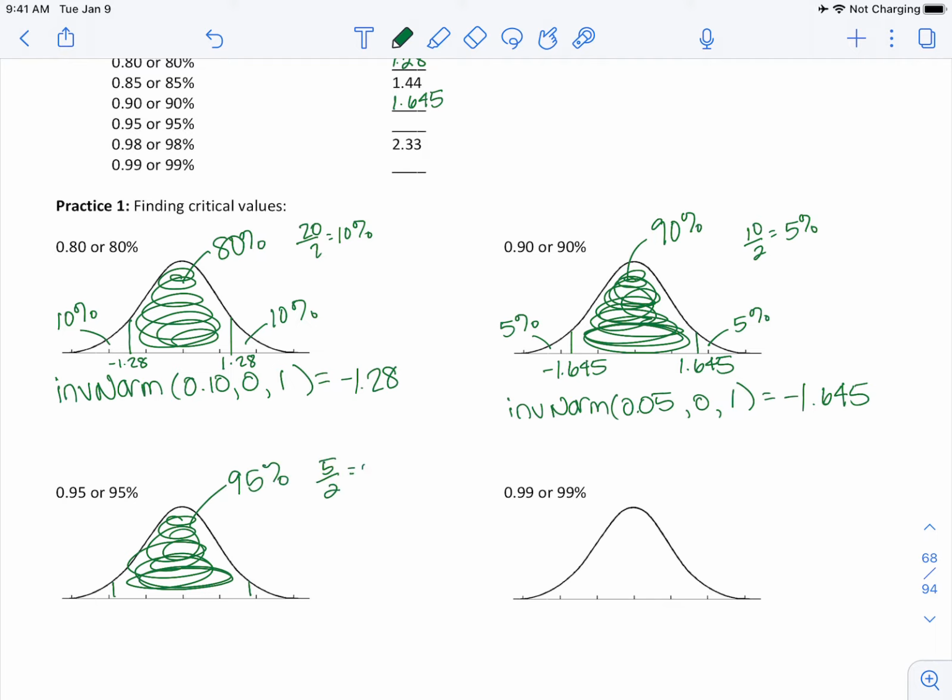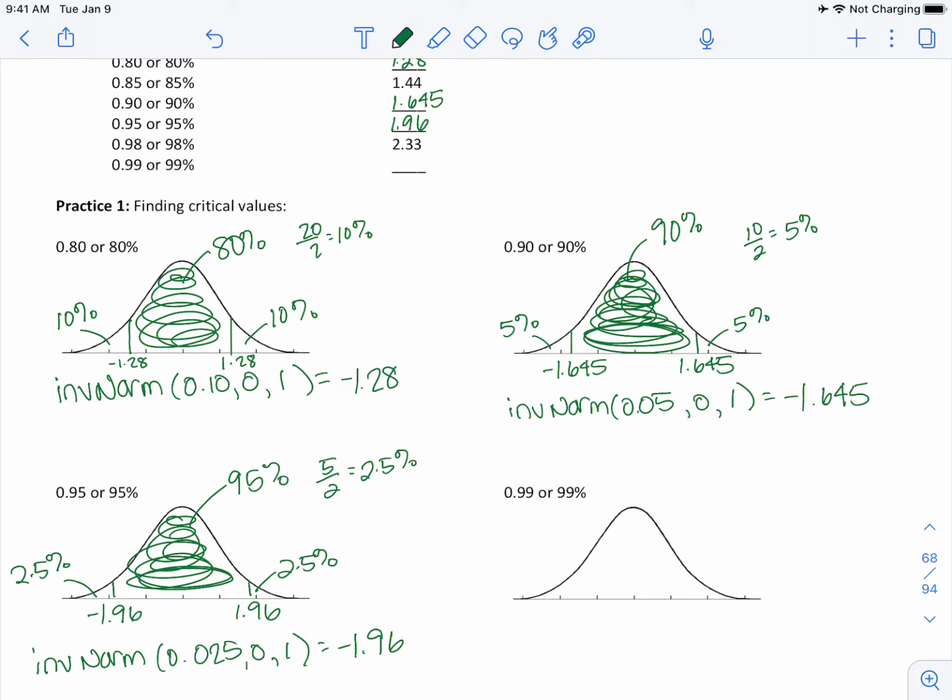We're dividing by 2, so we have 2.5% on either side. So inverse norm, 0.025, 0, 1, and this gives us negative 1.96. So I'll label this as 1.96 for that critical value.